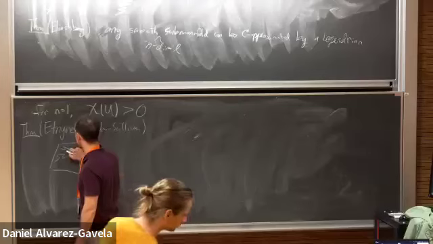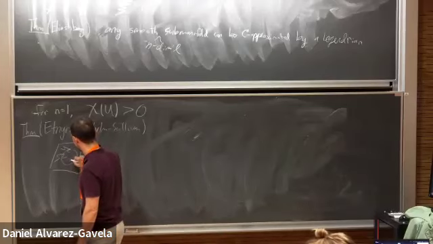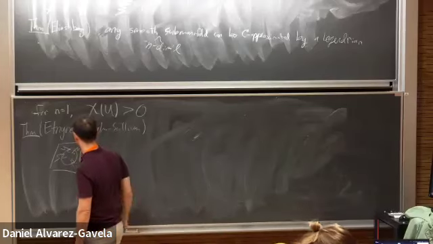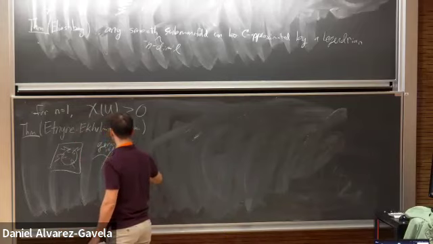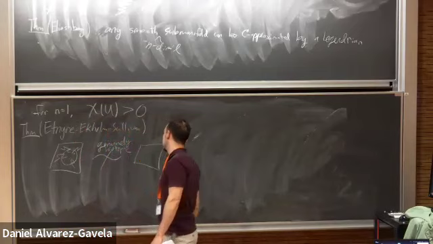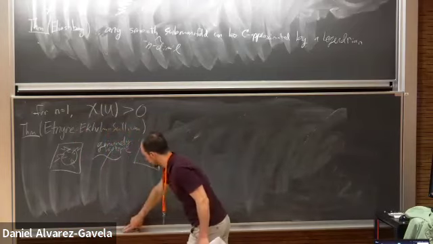So I have this stabilization, and this is never genuinely isotopic to the one without wrinkles.